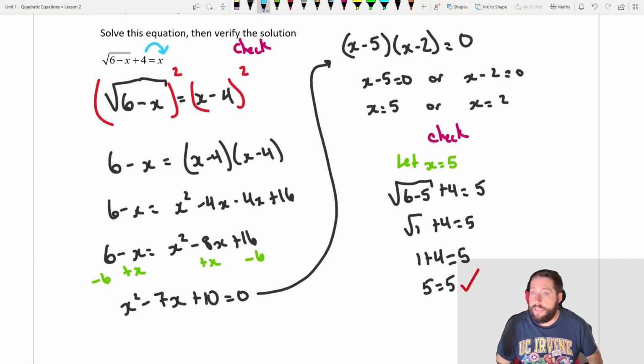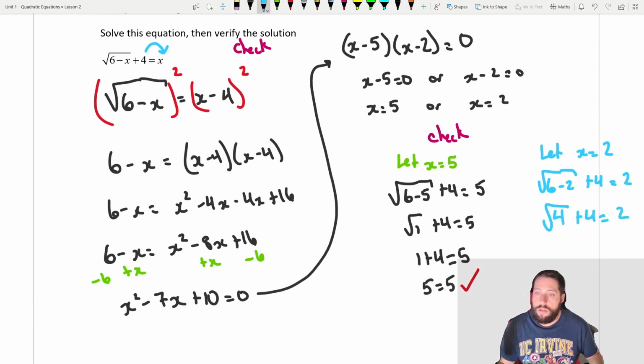Next one. Let x equal 2. Let's see if this one works. That's going to be the root of 6 minus 2 plus 4 is equal to 2. 6 minus 2 is 4, so it's the root of 4 plus 4 is equal to 2. The square root of 4 is 2, plus 4 is equal to 2.